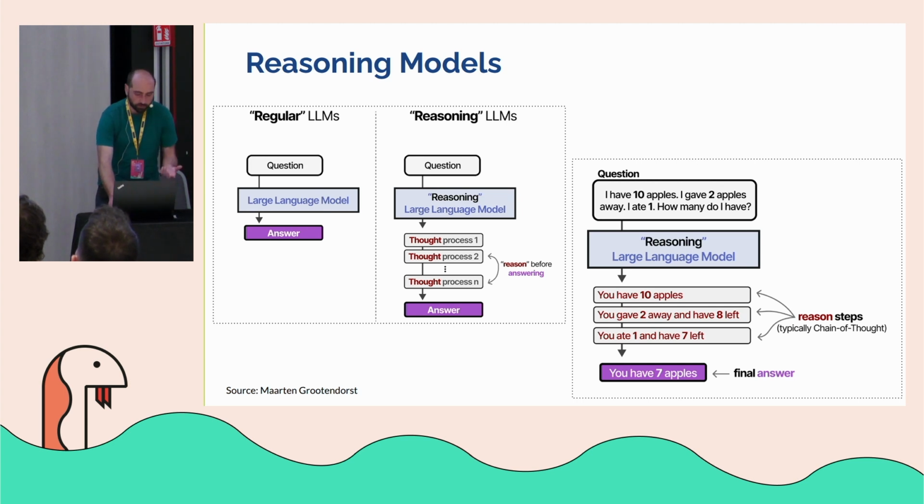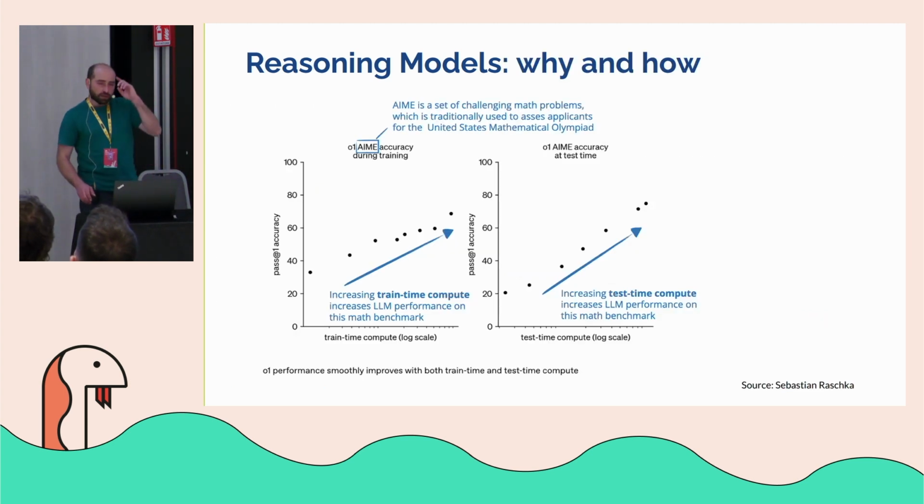But why do we need these reasoning models? So last year, at some point, we started hearing that pre-training had diminishing returns. So we were throwing more money, more compute, more data into the pre-training phase, but the model showed little improvements.